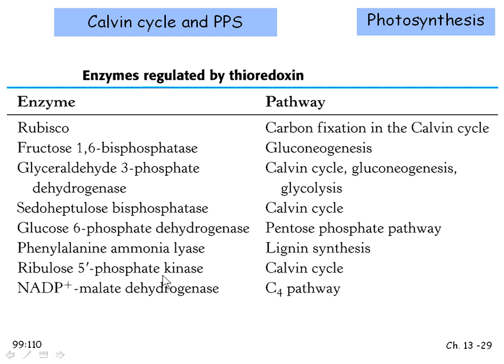Ribulose 5-phosphate kinase is the one we talked about that will make a 1,5-bisphosphate. And NADP malate dehydrogenase is not so obvious yet. It's part of what we call the C4 pathway, and we'll see in a little bit what the C4 pathway has to do with all of that. But it's another anabolic pathway.